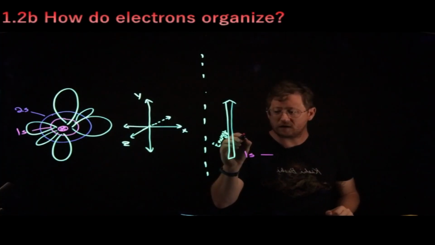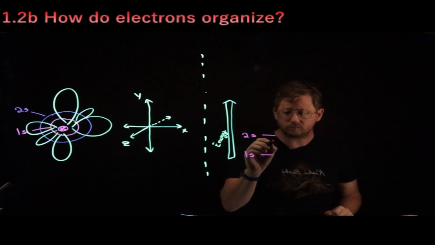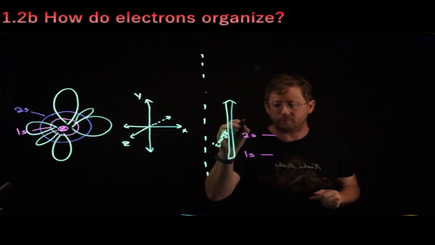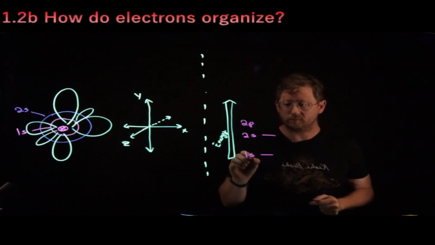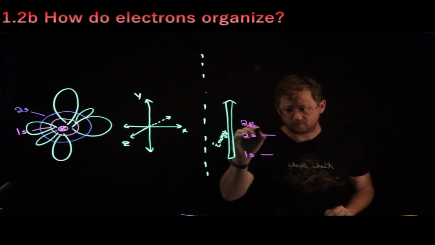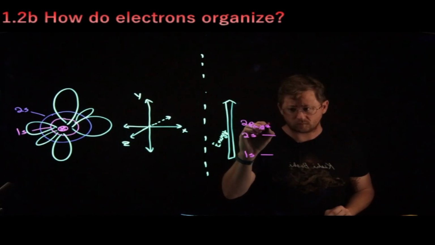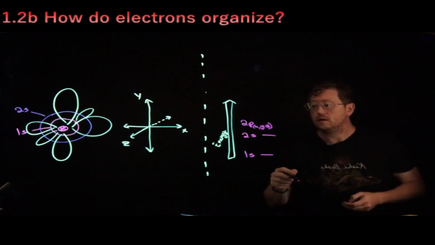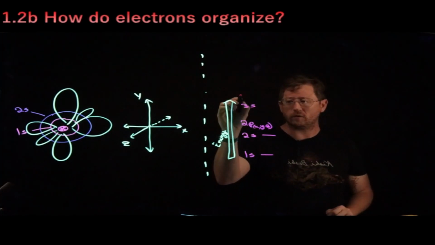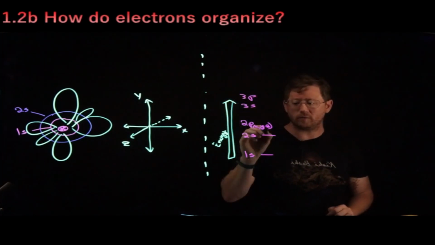And then we have a 2s orbital. And then we have our 2p orbitals. Now we have 3 of them, 2p, and I'm going to put here x, y, and z. Then we move up to the 3s orbital and the 3p orbital.